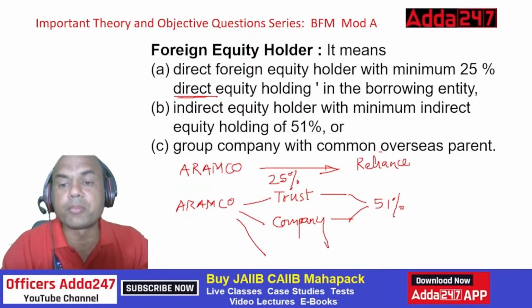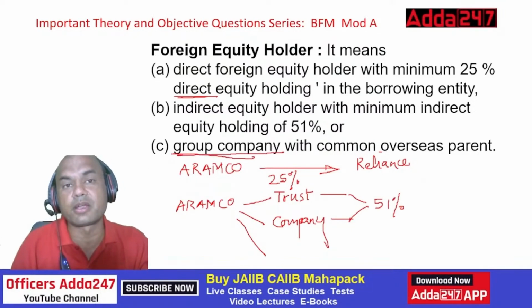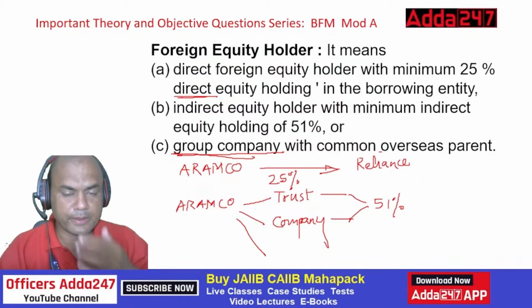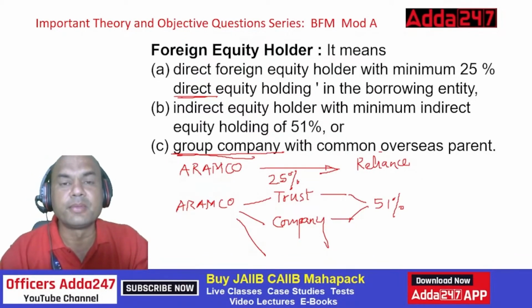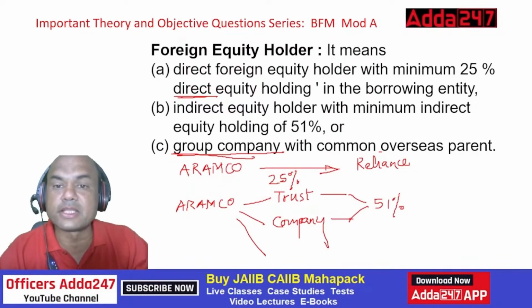Or a group company with a common overseas parent. Now, group company means what here? For example, do you know any group company in India which has a common equity partner, a common overseas parent? There are many as such. For example, many of the companies in India.